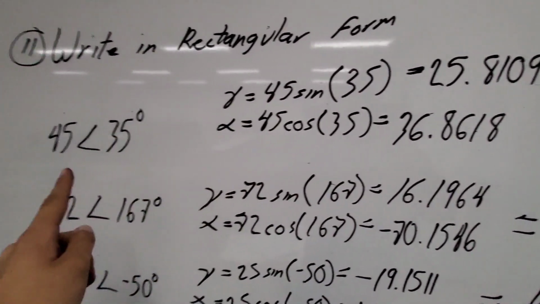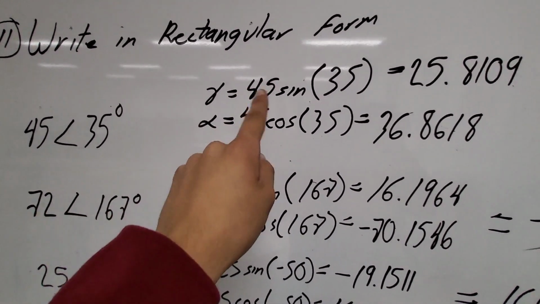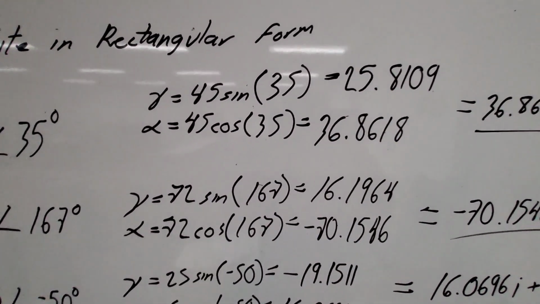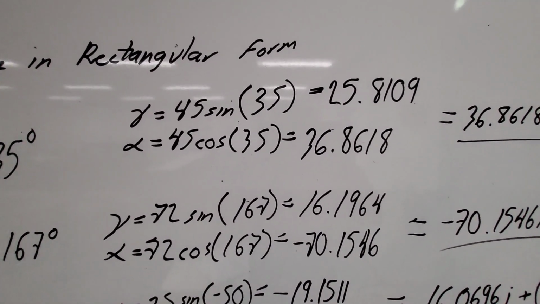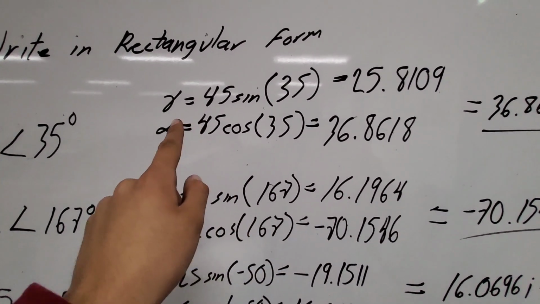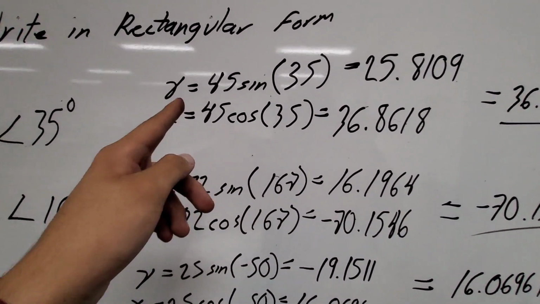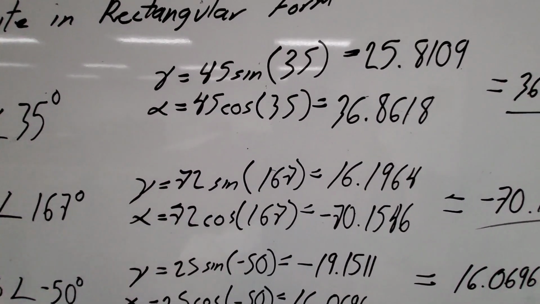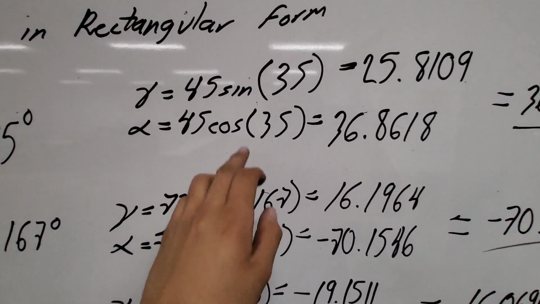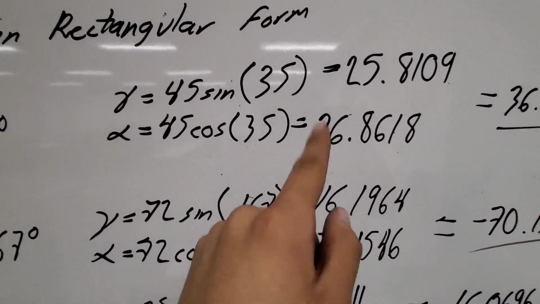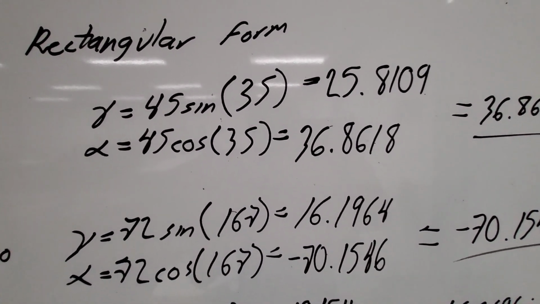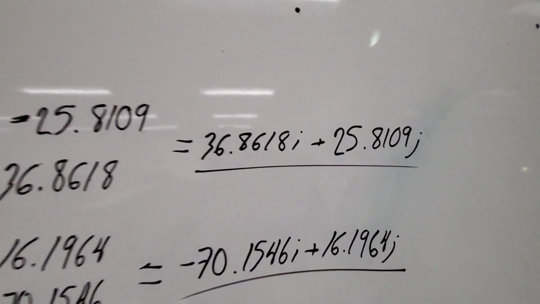So 45, that is the magnitude, times sine of 35, and the result is 25.8109. And for letter i, or the letter x in the Cartesian plane, 45 times cosine of 35, and the result is 36.8618.